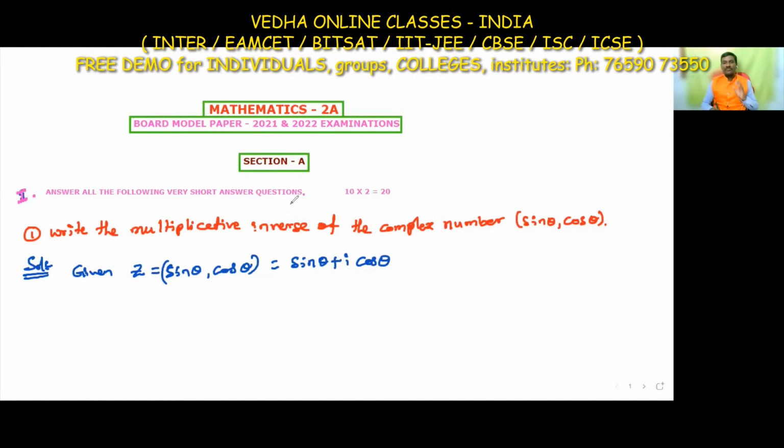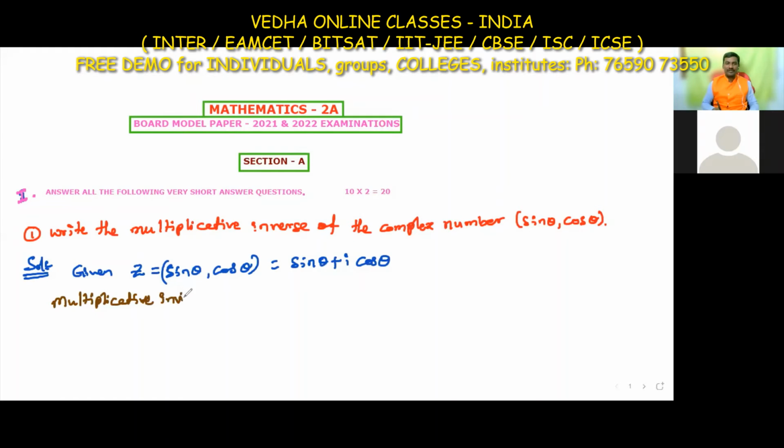After that, what is he asking? The multiplicative inverse. The formula for the multiplicative inverse is a by a square plus b square, comma, minus b by a square plus b square. Usually, the multiplicative inverse means 1 by z.